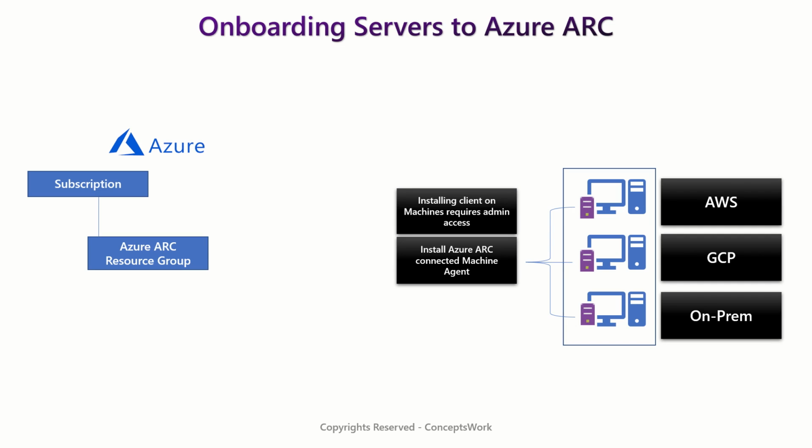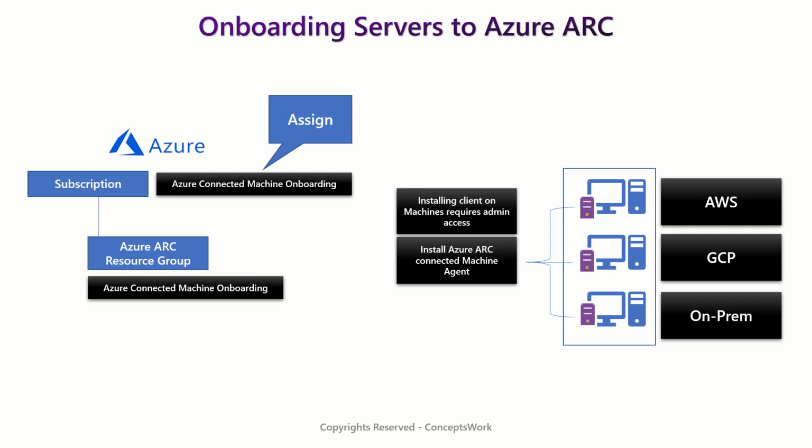Now, for Azure Arc, to be precise, there is a role termed Azure Connected Machine Onboarding. That's the name of the role that you can assign to individuals who will be onboarding the machines. Once this role is assigned, those users or admins will be able to onboard machines to the respective group that you define.